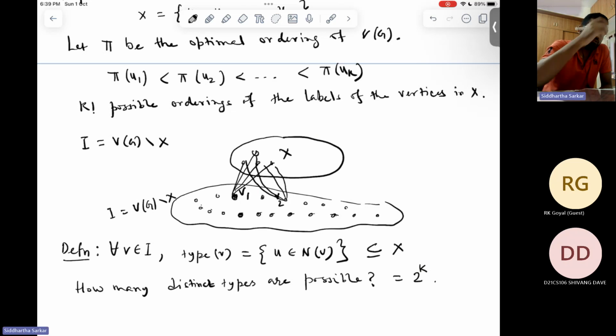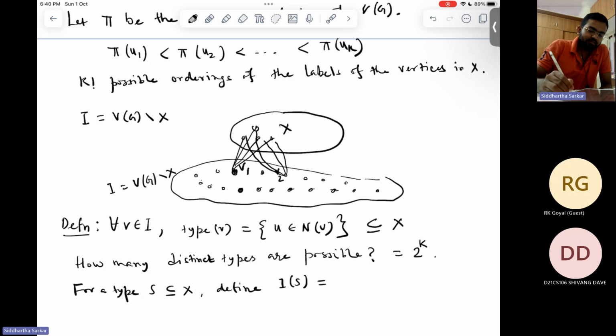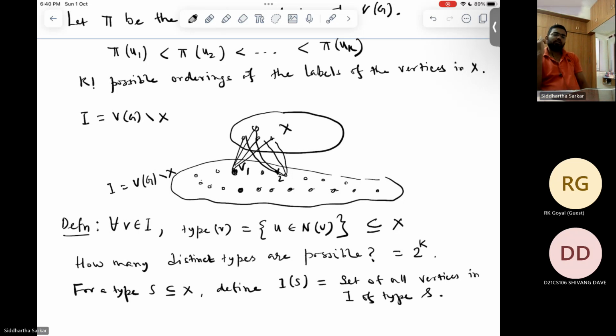So for a type S, where S is a subset of X, we define I of S as the set of all vertices in I of type S. All those vertices which have the type S are clubbed together and we call it I of S.